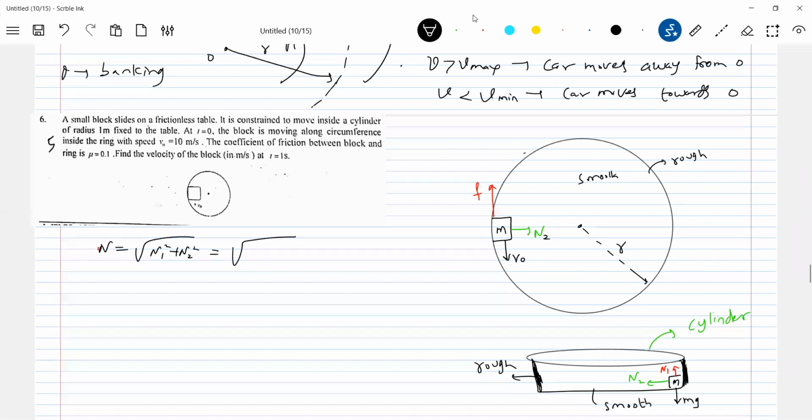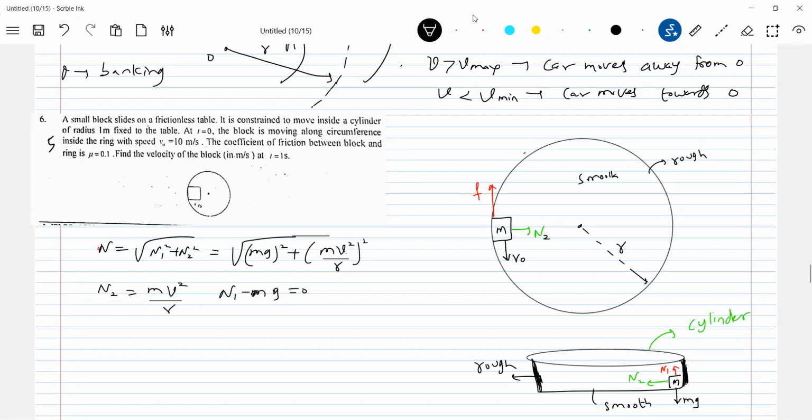What is N1? One is mg. What is the other thing? mv square by r. Okay, fine. So this much is the conditions, no?